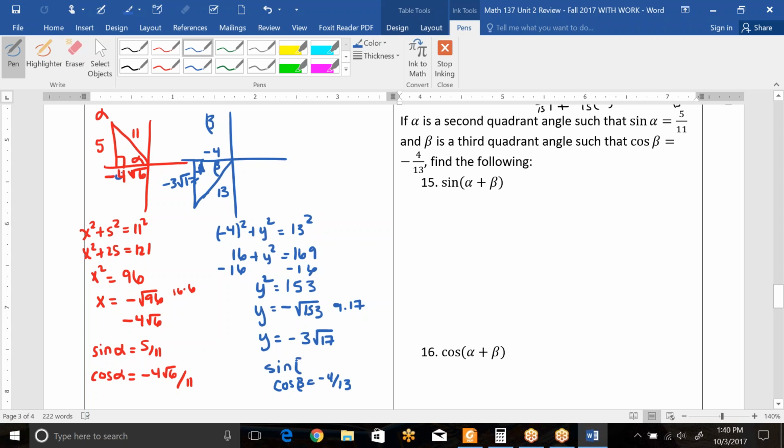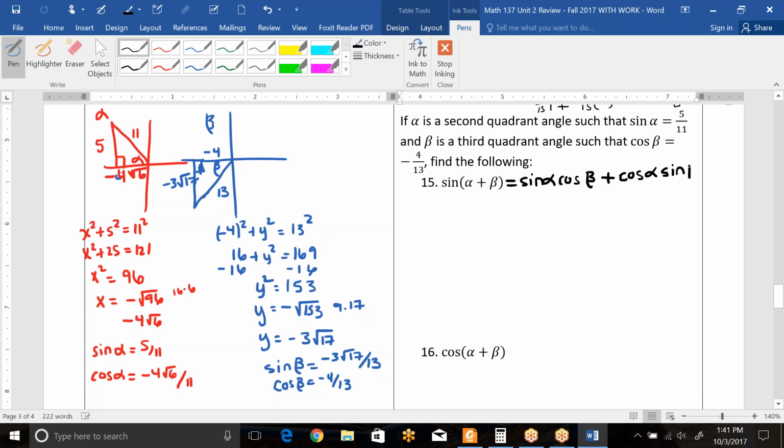Now we can get that sine of beta is -3 square root of 17/13. Okay, so we have everything we need to plug into the formula. The formula for sine of alpha plus beta. Remember, sine is social and agreeable. So sines mix with cosines, and we stay with the same symbol.